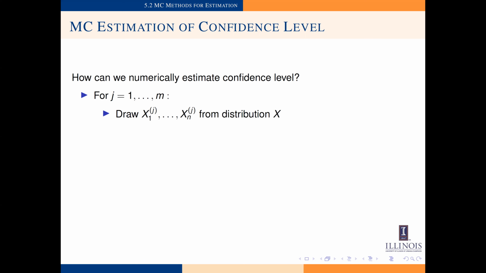We are going to do a total of m replications. So for each j between 1 and m, we're first going to draw the x values, so our random samples of size n for the jth replication. These will be drawn from the distribution x.